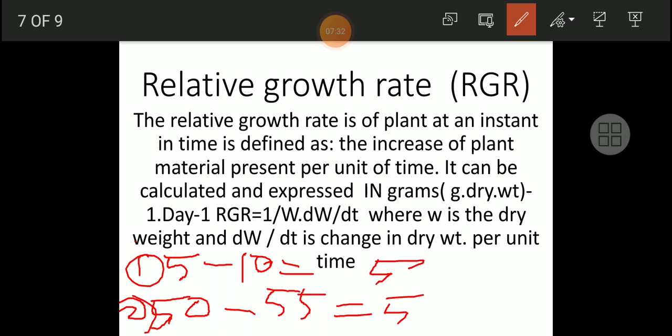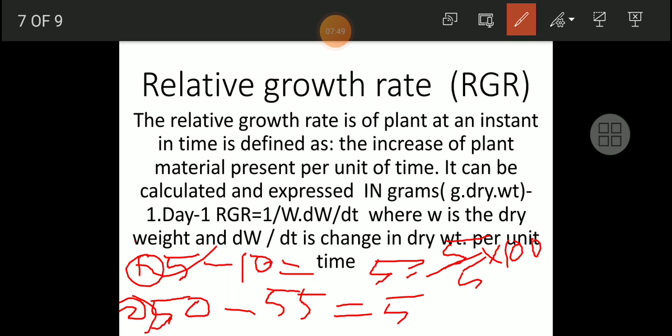Now 5 is the absolute growth rate in both. Then what is the relative growth rate? We know that 5 is the absolute growth rate divided by initial, that is 5, multiplied by 100. So 100% is the relative growth rate of the first leaf.